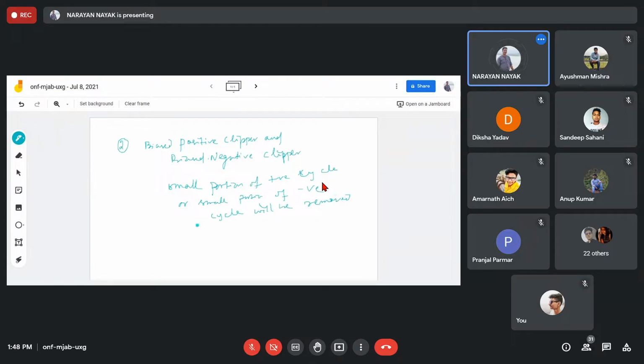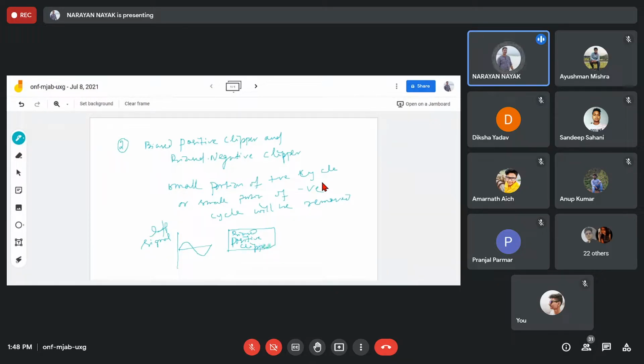So let us say this is a sinusoidal signal. This is an input signal. Now you have to give it to the positive clipper, let us say the bias positive clipper.